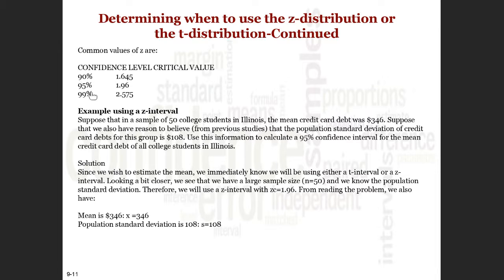The 95% is at 1.96. Okay, and the 95 is the one that's usually used by most experiments.